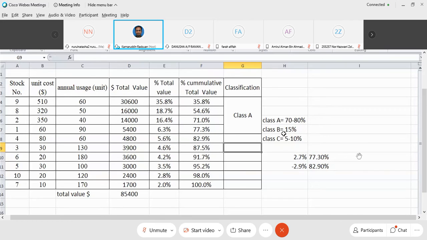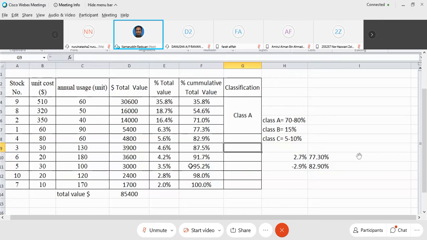So for the first guideline we used class A with the 80%, we add 80% with the 50%, so the cumulative percentage will be 95%. We need to find which part number is close to 95%.